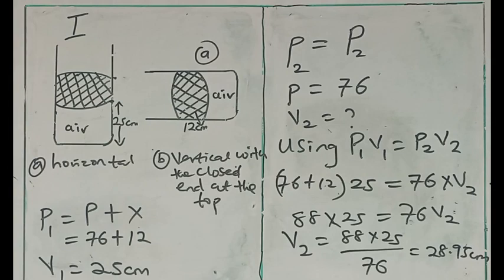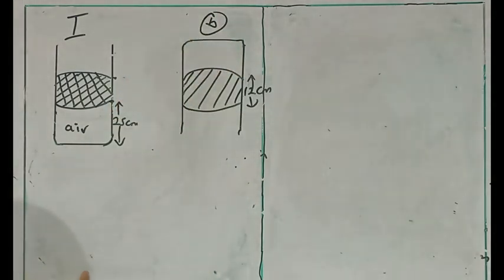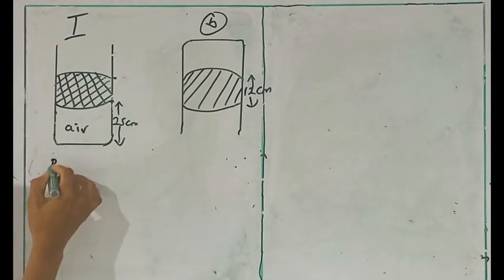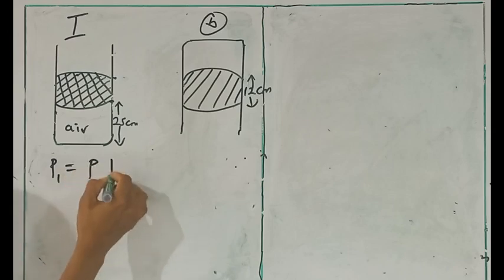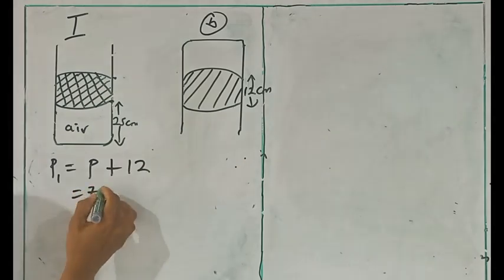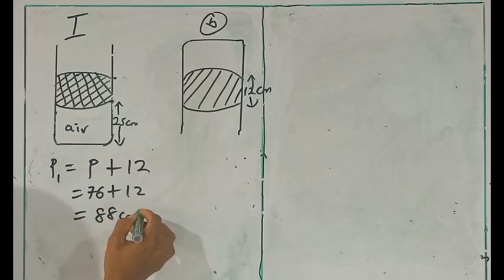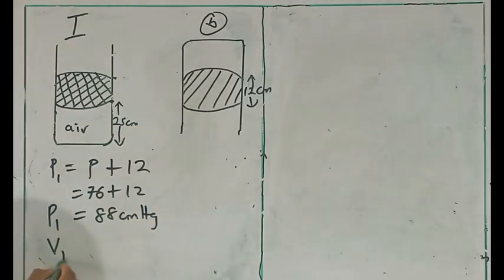Now let's look at when it is held vertical. When it is held vertical, that's B. Remember, for this one we have gotten P1 to be P plus X, which is 12. So we use 76 plus 12, which is 88 cm of mercury for P1. And our V1 is 25. This one stays the same for both the first and the second one.